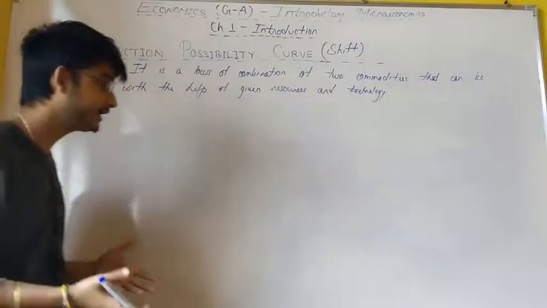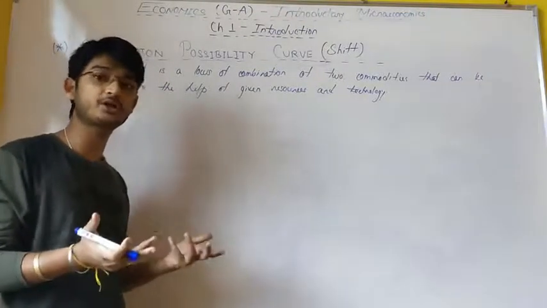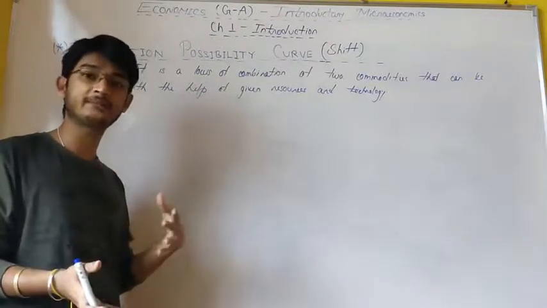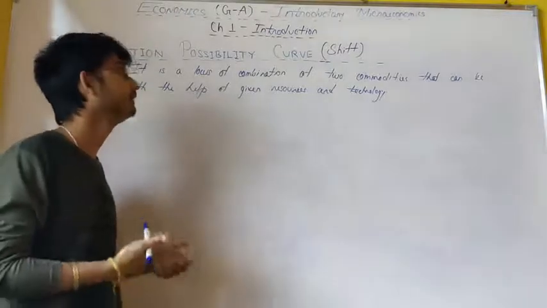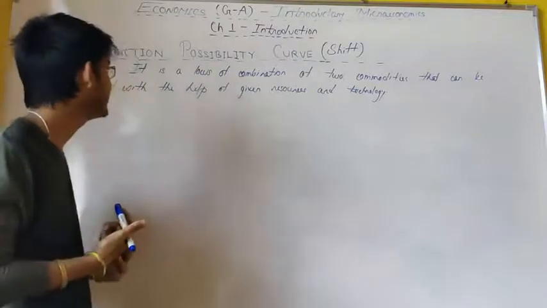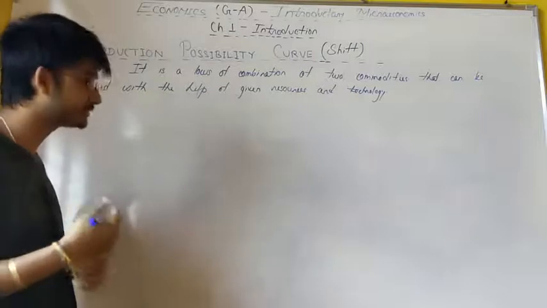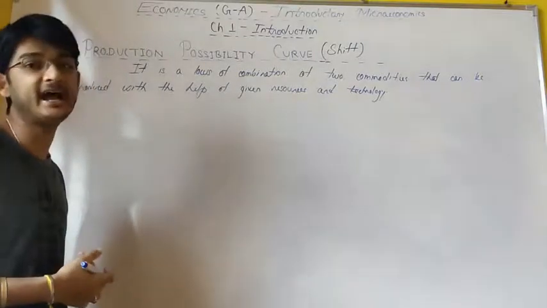So we already know that when we were drawing the production possibility curve, we listed down some assumptions, and based on those assumptions we finally formulated our production possibility curve. The production possibility curve specifies that the resources in our hand are limited.